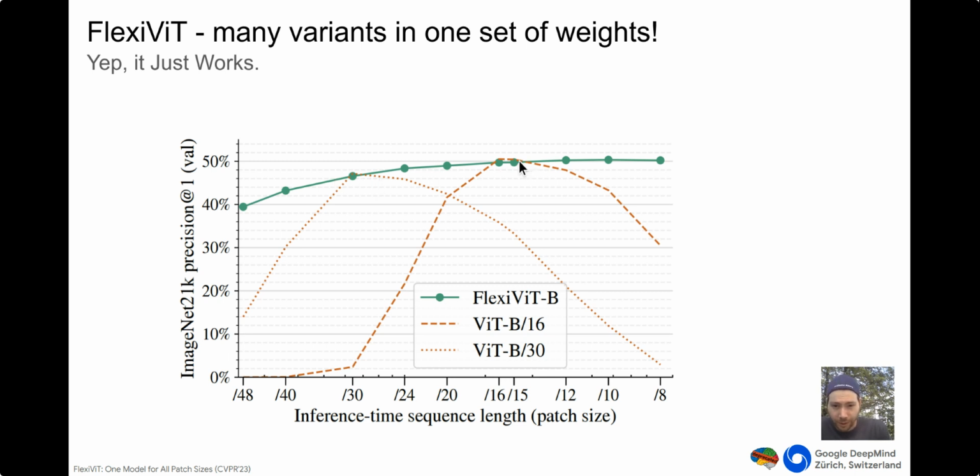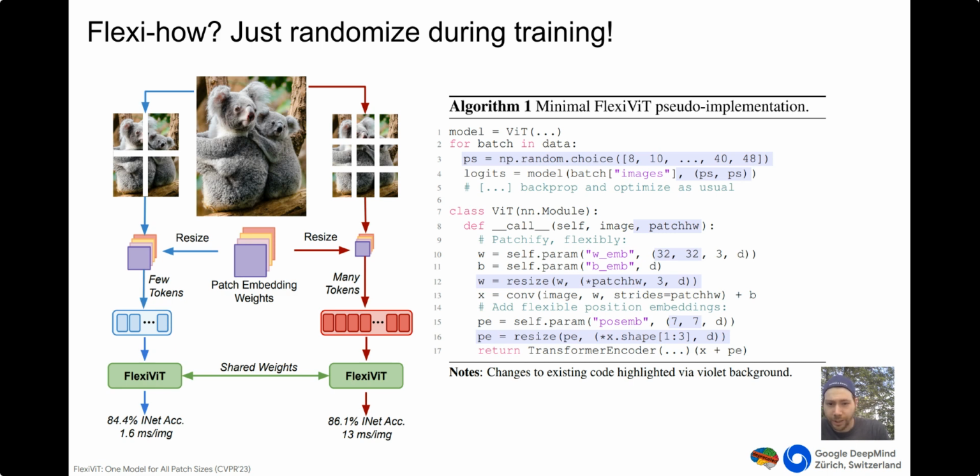Here we can show that, first of all, FlexiViT performs well across the range compared to individual ViTs like ViT-B/16 and ViT-B/30 that perform well at their patch size, but then deteriorate very quickly as soon as you move away from that patch size. And most importantly, we can see that FlexiViT actually matches the ViT trained at the individual patch size each time. So this is great.